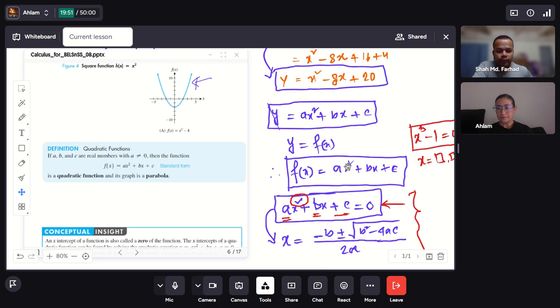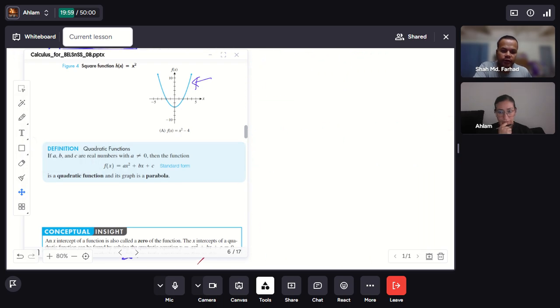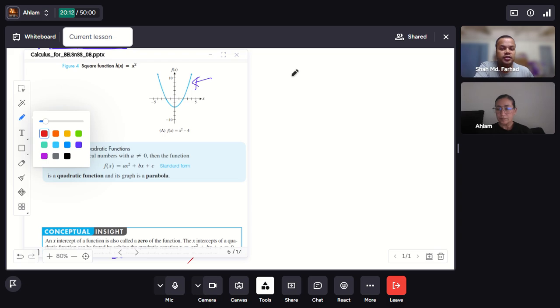Basically, I have talked about quadratic. If I summarize the session here, we are talking about the quadratic function, right? Quadratic means the maximum power of the variable will be 2.